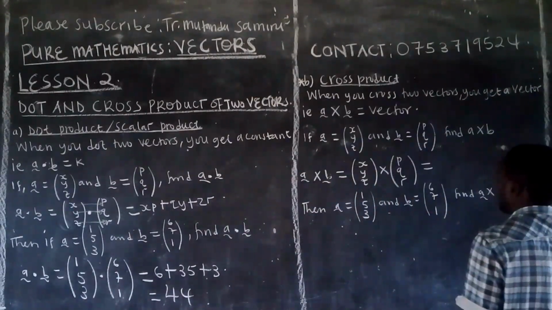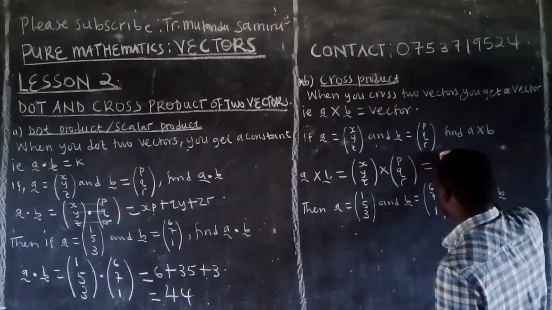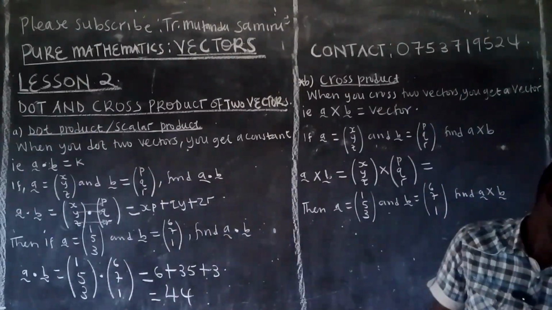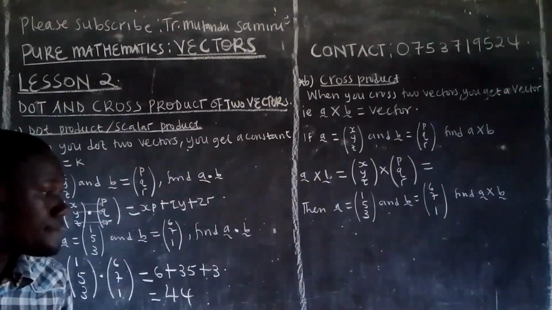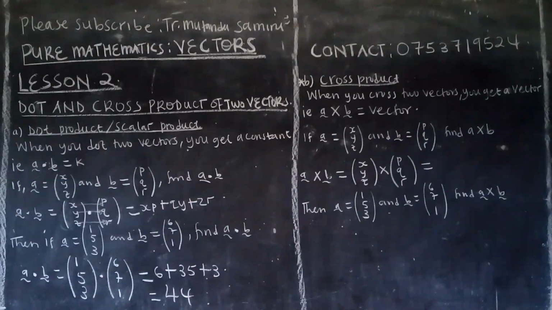Now, what you're going to do here is, in simple terms, we shall have to use a piece of paper to at least have that done. Let's get a piece of paper and see how we can do that for better understanding.